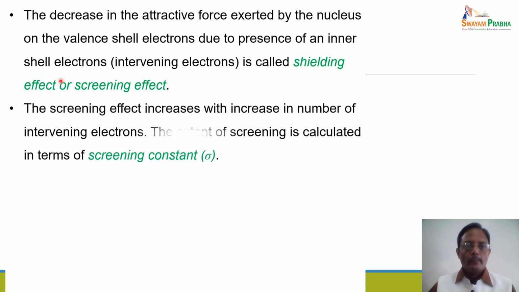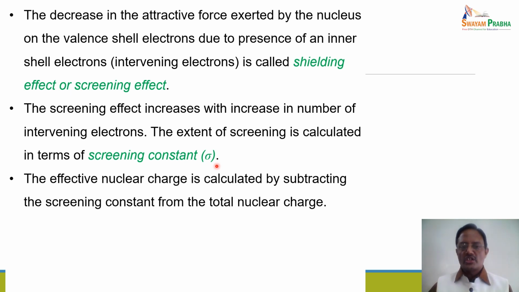And because of the screening effect, there is a decrease in the force of attraction between the nucleus and the outer shell electron. This is because of the screening of the outer shell electrons from the nucleus by the presence of the inner shell electrons, and the extent of screening can be calculated in terms of the screening constant, which is denoted by the symbol sigma.